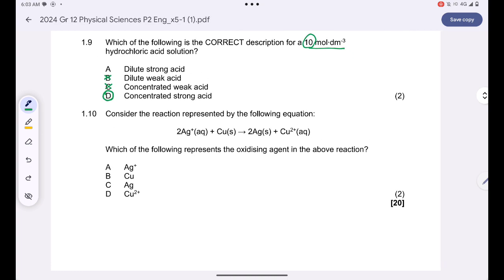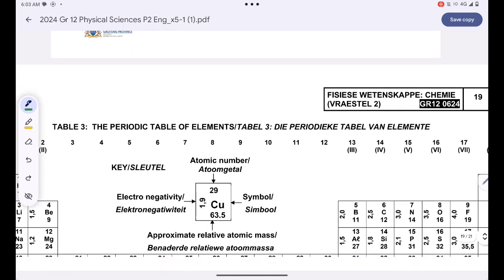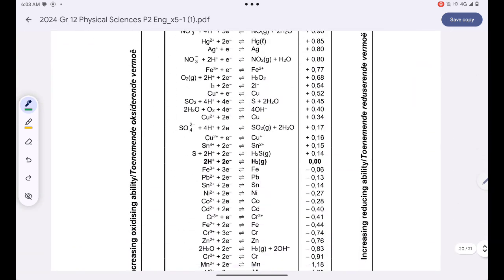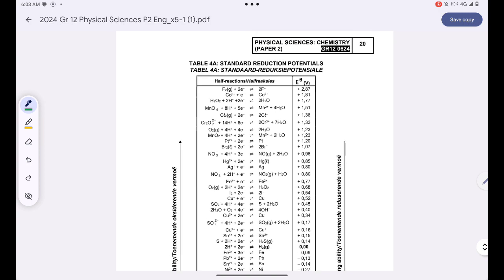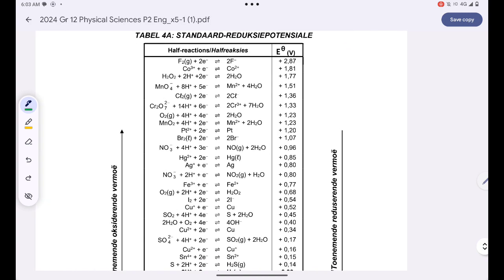Okay, and then we are told to consider the reaction represented by the following equation. Which one of the following represents an oxidizing agent? Okay, so we have Ag plus and copper 2 plus. Let's check our standard table of reduction potentials. I prefer using the standard table for this. So I'm looking for Ag plus and copper 2 plus.